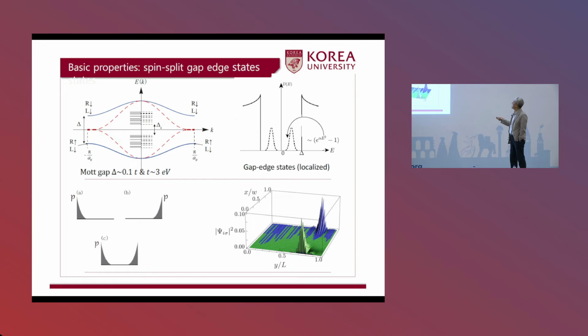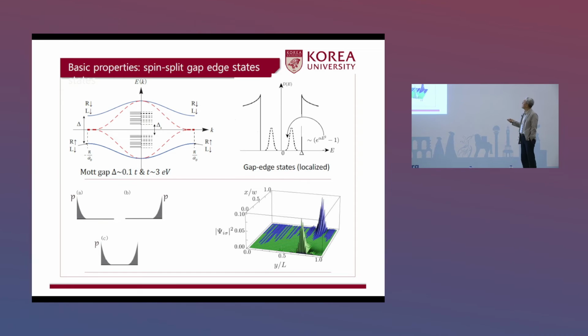Now, this is what happens when you put in disorder. As I said, you produce gap edge states. There is one more important feature, namely that there is a spin splitting. That's why you get a Mott-Anderson insulator. You have to have spin-split gap states. In the weak disorder regime, you can see the discrete states of gap edge states here, and you have a soft gap in the middle.